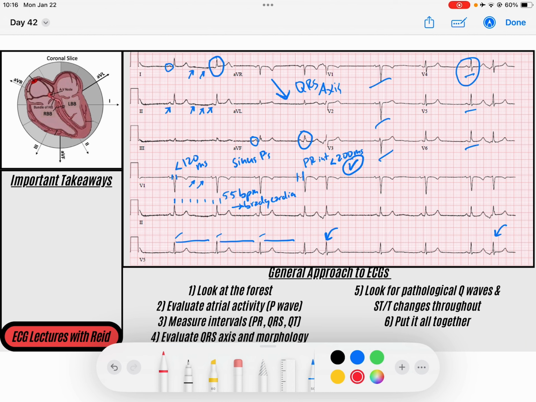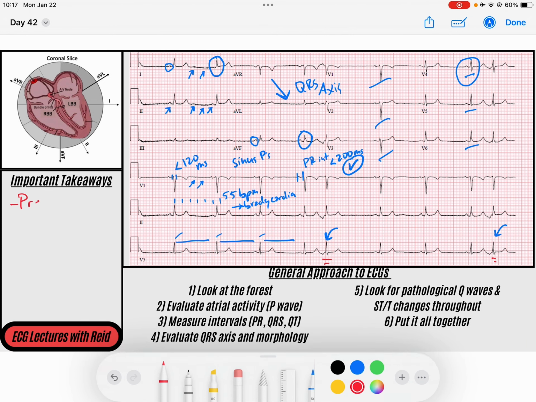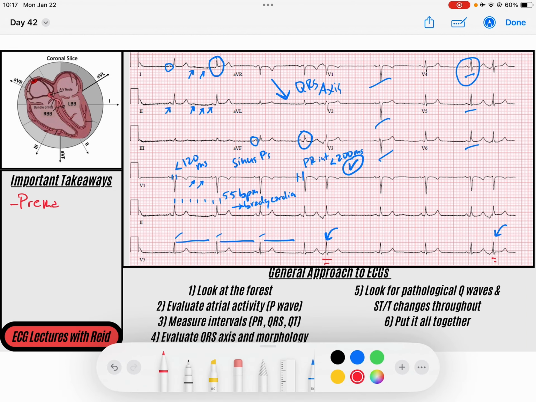Now let's look back at these early beats and see how we can characterize them. We're going to talk about how to identify premature beats. Premature beats can be premature atrial contractions, premature junctional contractions, and premature ventricular contractions.